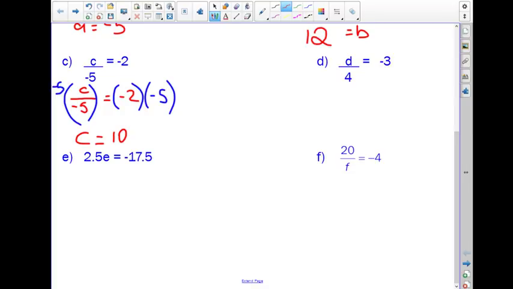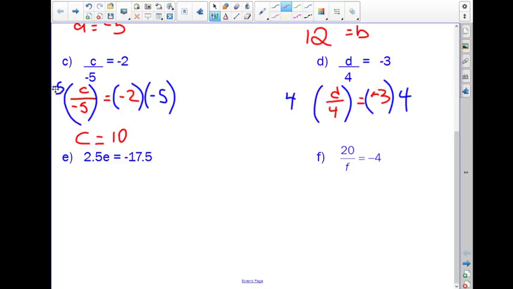Part D, I have D divided by 4 equals negative 3. So, because it's divided by 4, what I need to do is the opposite. I need to multiply both sides by 4.